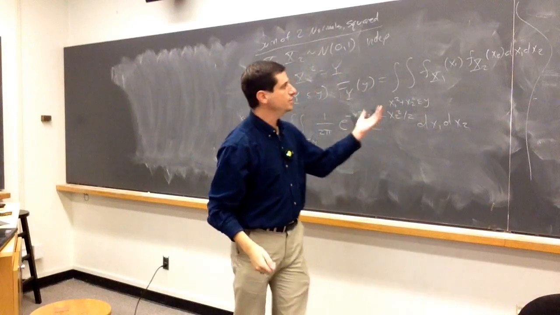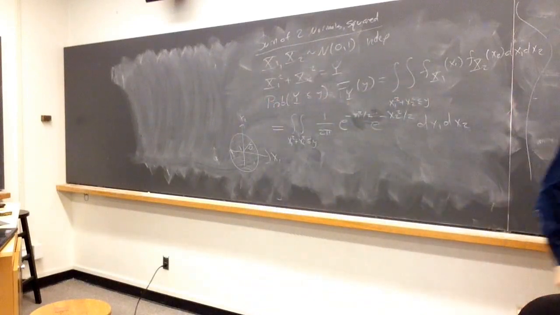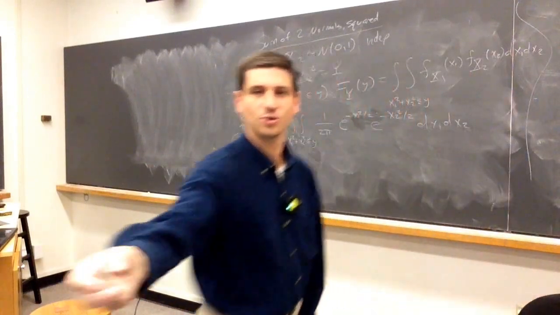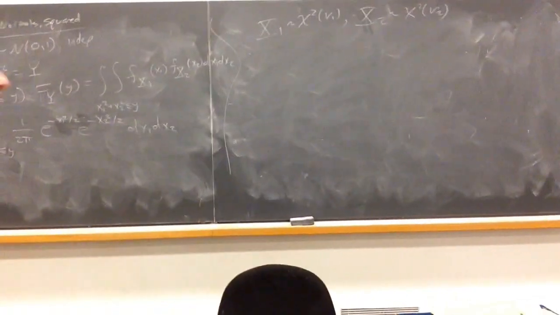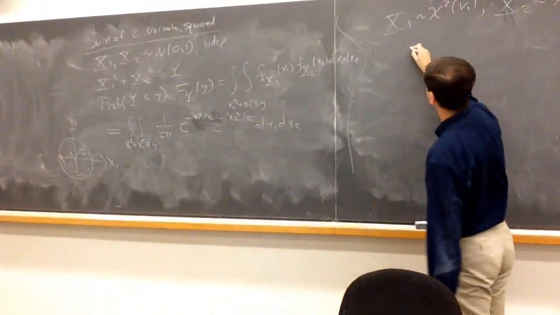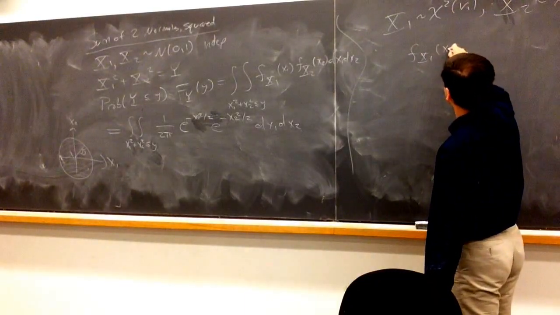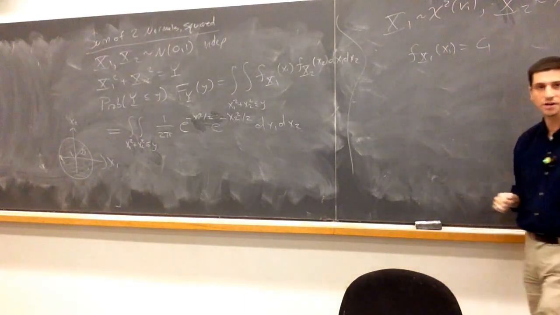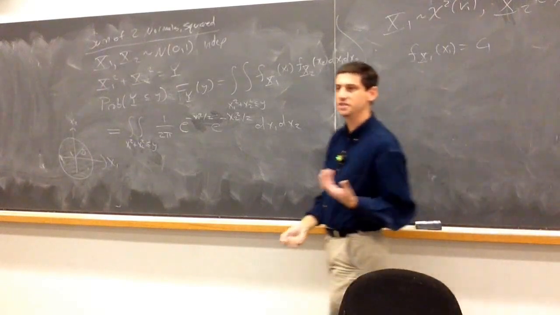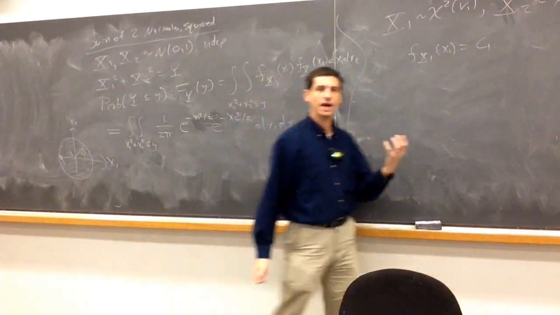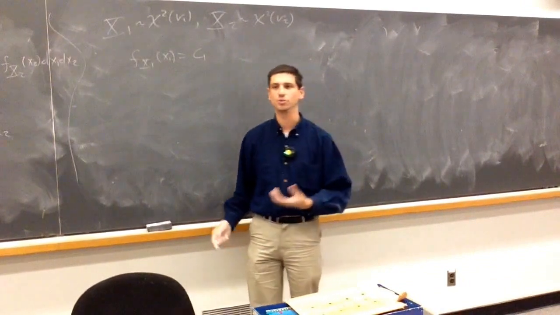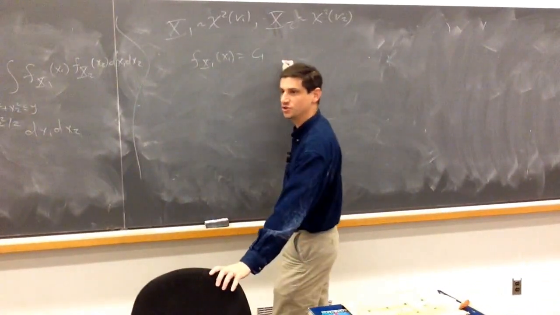And so if we're going to do this, we need to recall what the density of the chi-squared is. So what we'll do is we'll say the density of x1 is some constant c1. We could actually write down what this constant is in terms of nu 1 and nu 2. I don't really care what the constant is. That's the whole point. I just care about the functional shape.